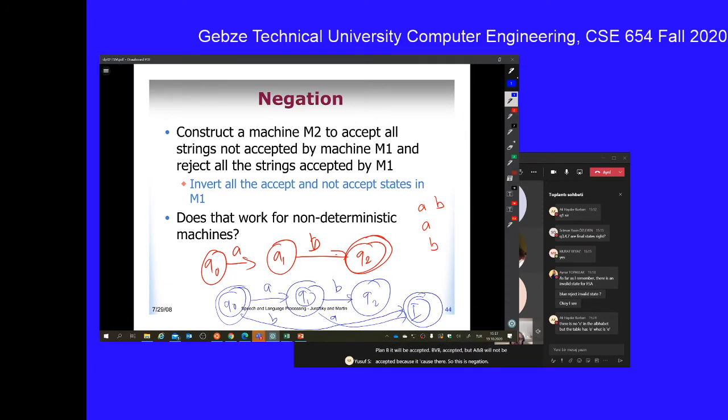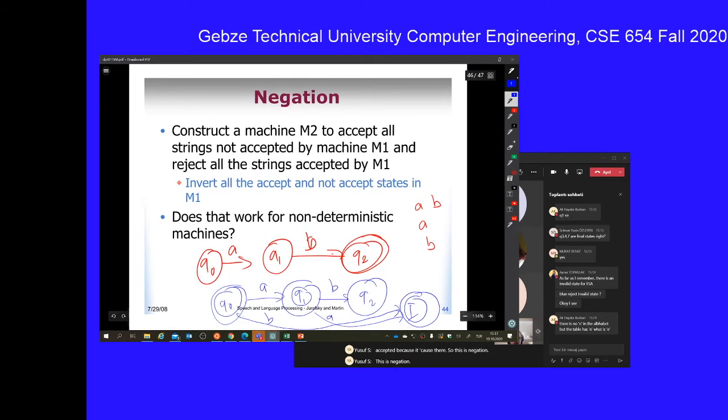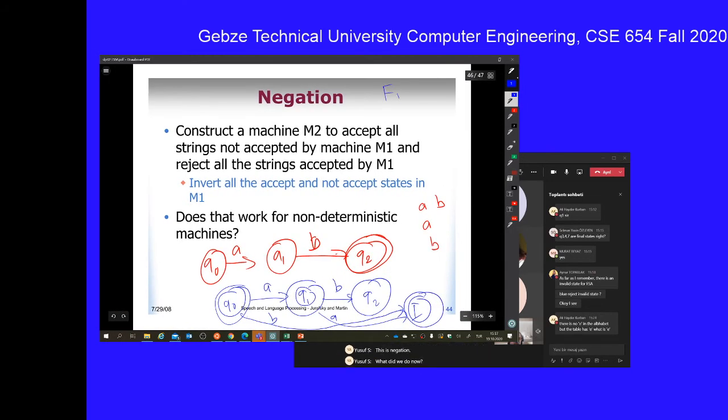This is negation. What did we do now? Finite state automata 1 union finite state automata 2. We did that, right? We did F1 concatenation F2. Also we did negation of F1. So what does this tell you? If I have all of these, how about this one?